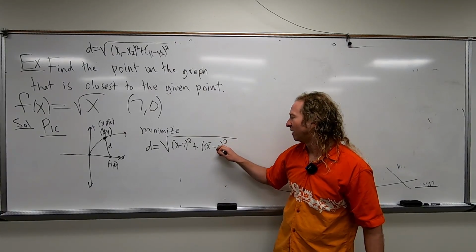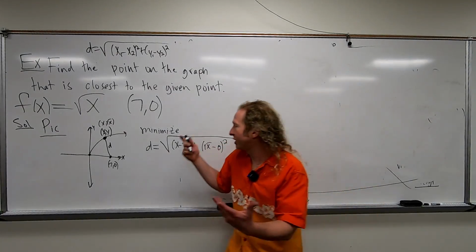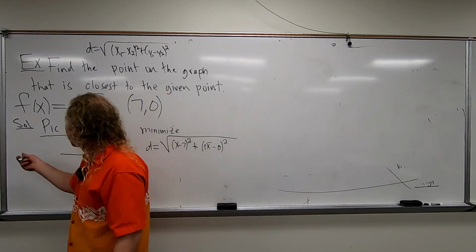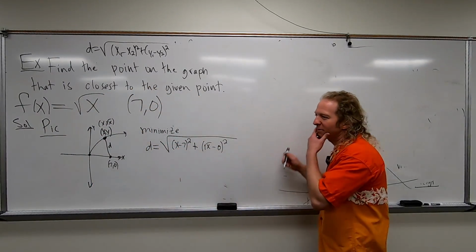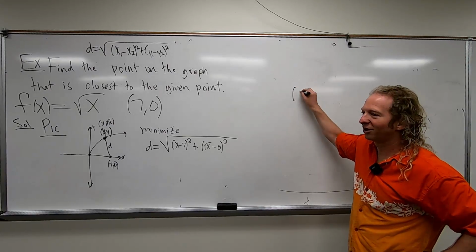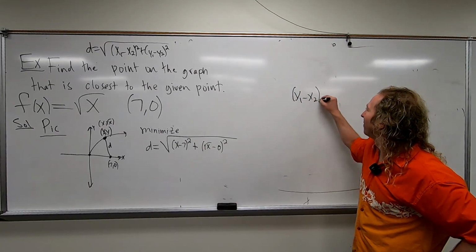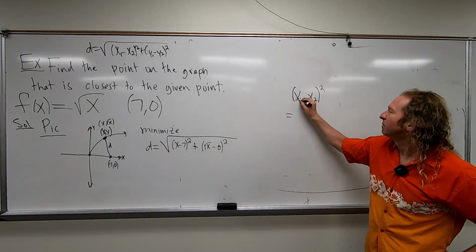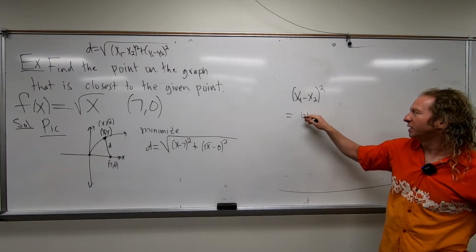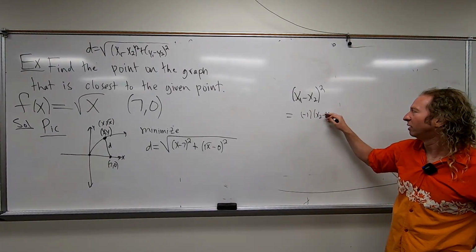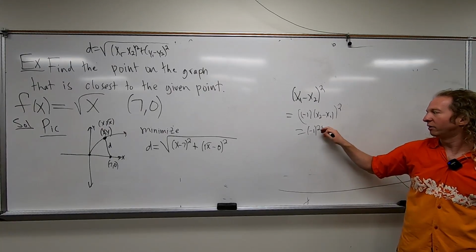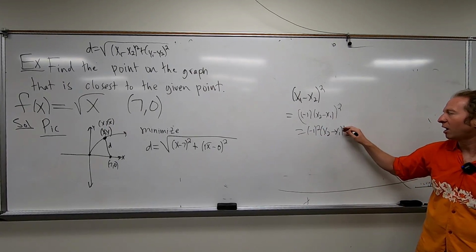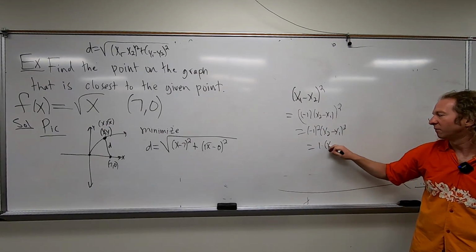Why is x1 just x? Because it can be. It doesn't matter. You could do 7 minus x and it wouldn't matter. Let me show you why. Let's pull out a negative 1, and then you end up squaring the negative 1, and negative 1 squared is 1.